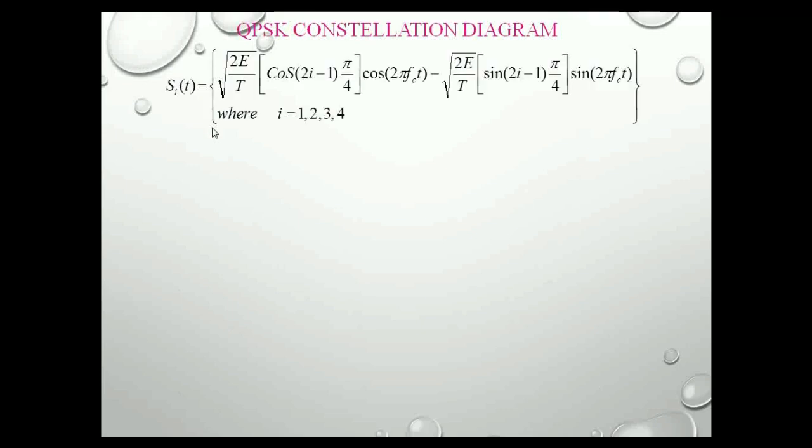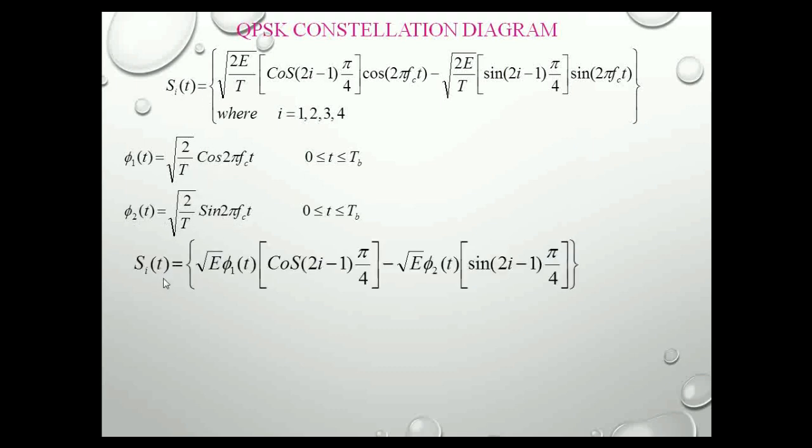QPSK constellation diagram can be obtained as shown. So we know the equation for QPSK signal. Let us assume psi1 of t as equal to square root of 2 by T cos 2 pi fct and psi2 of t as equal to square root of 2 by T sin 2 pi fct. Applying this in the above equation, we get Si of t as equal to square root of E psi1 of t cos (2i minus 1) times pi by 4 minus square root of E psi2 of t sin (2i minus 1) times pi by 4.